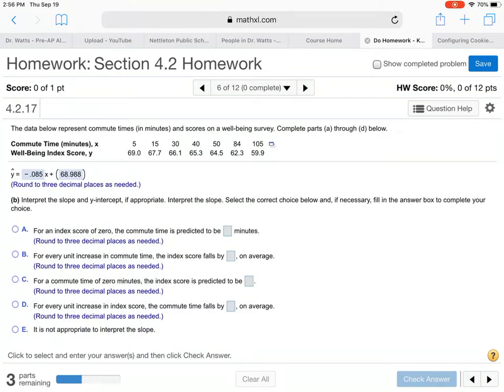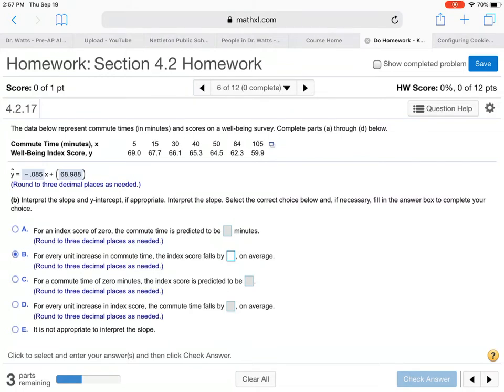Interpret the slope and the y-intercept if appropriate. So we're going to interpret the slope first. Select the correct choice below, and if necessary, fill in the box to complete your choice. So our slope is negative. So for every unit increase in commute time, which is x, the index score is going to fall. So we want choice B.